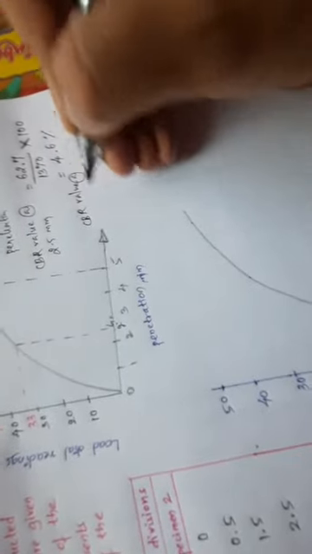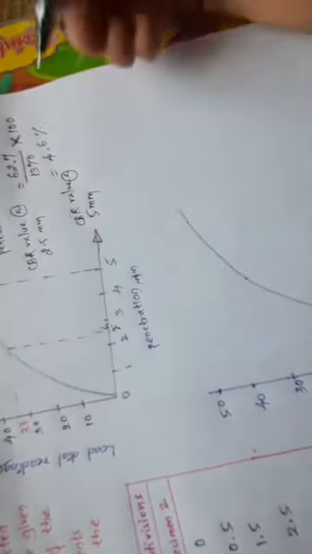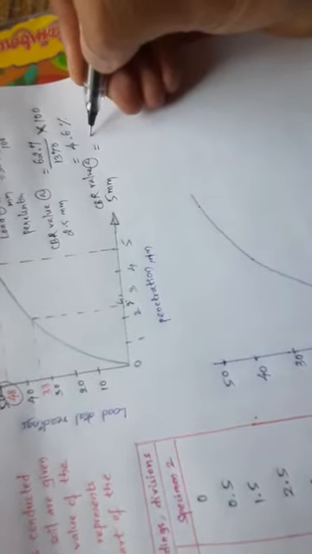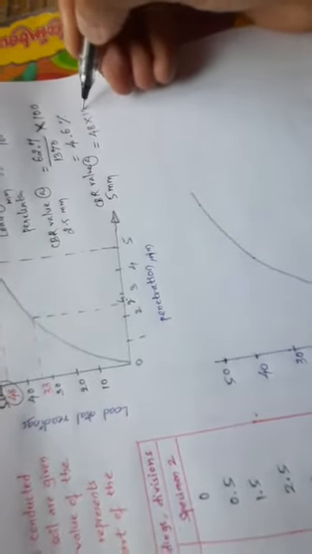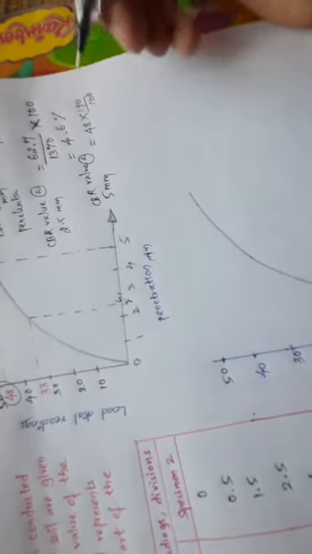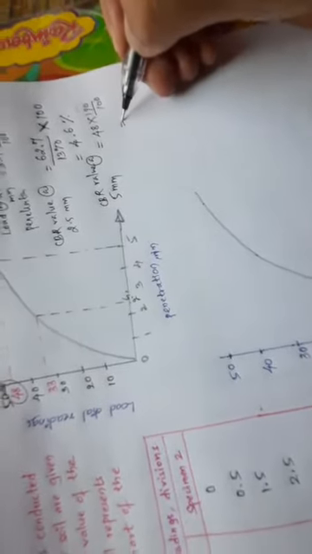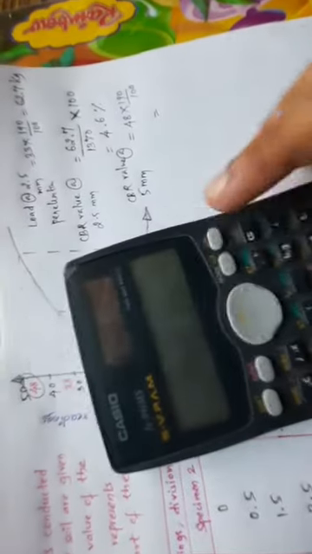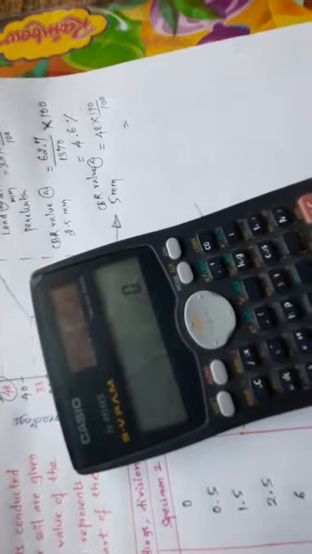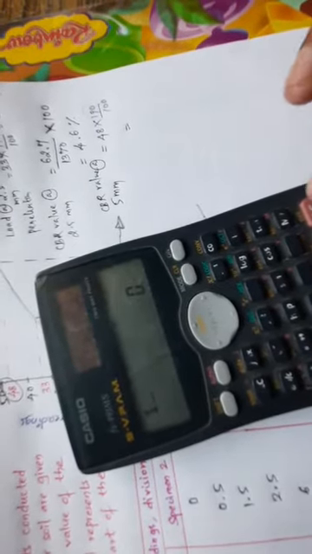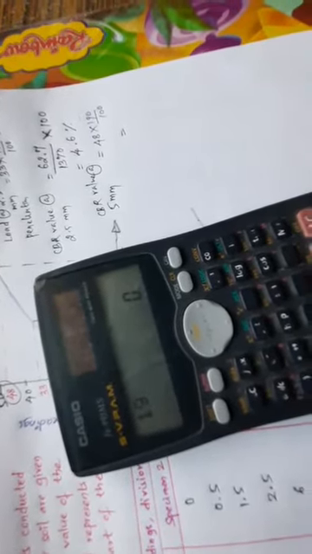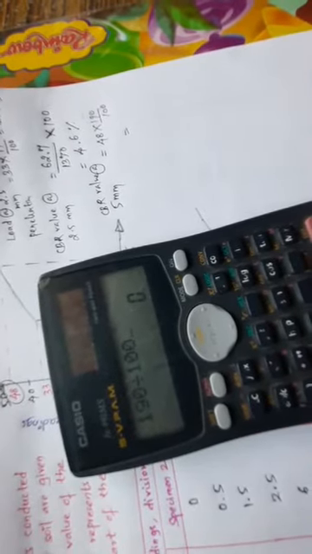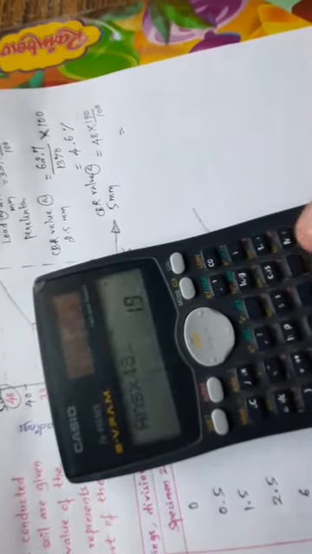Same way I have to calculate the CBR value at 5 mm. How much did you get here? 48. So I have to convert it first. 48 into 190 divided by 100 gives the load for dial readings.